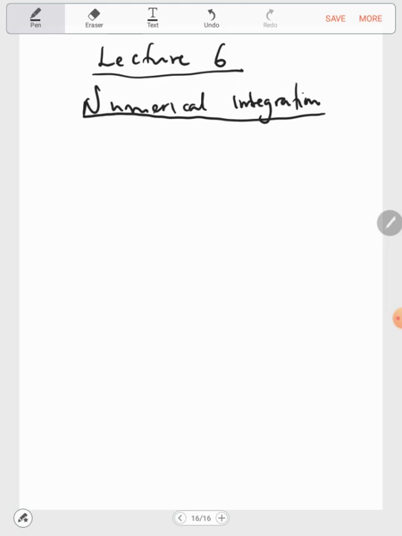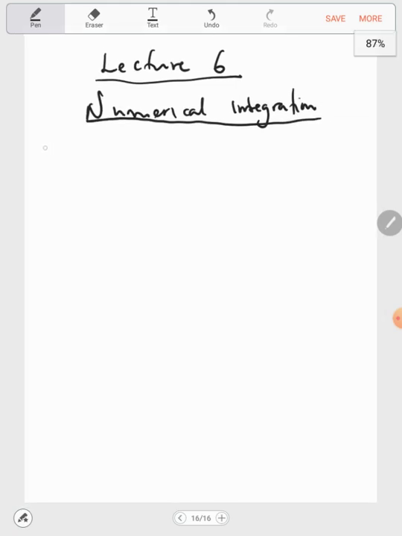You should be able to use the Trapezoidal Rule, Midpoint Rule, and Simpson's Rule at the end of this lecture. Now, numerical integration is an approximation of some integrals. We just look for ways of approximating definite integrals.